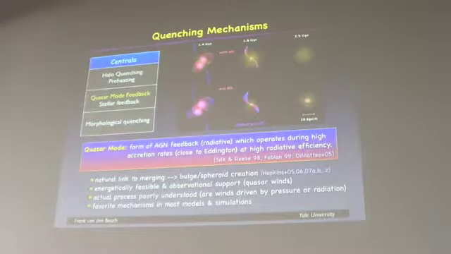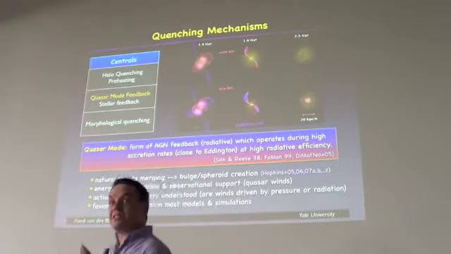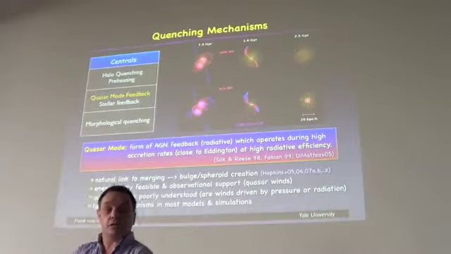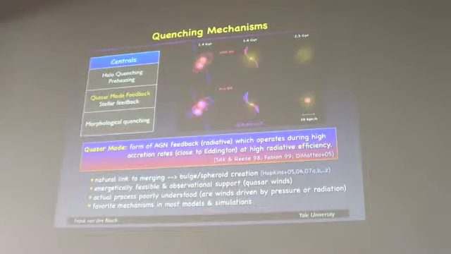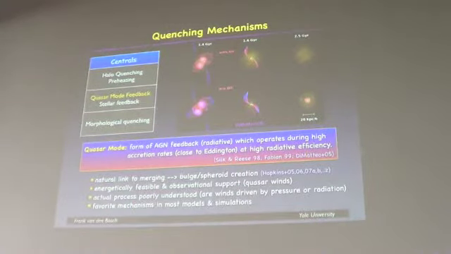Another mechanism that's very popular is quasar mode feedback. This is the form of AGN feedback where the black hole is in a state where it's accreting at a very high rate, close to Eddington. This is a highly radiatively efficient accretion mode, and all this radiation comes out as a quasar, and if you can tap into it, then you could do something to the gas to quench it.